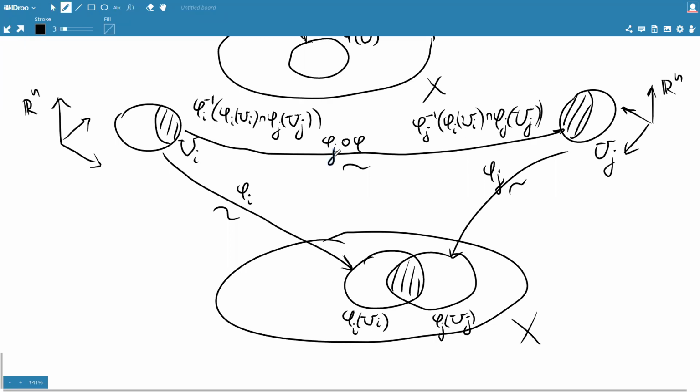So phi_j^-1 composed with phi_i. So we have this restricted homeomorphism.